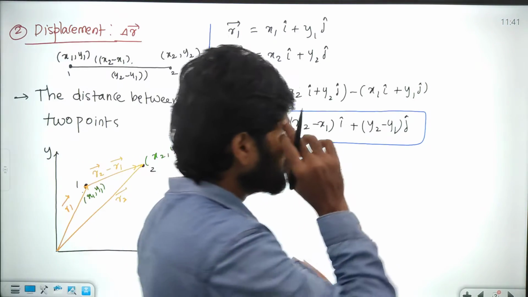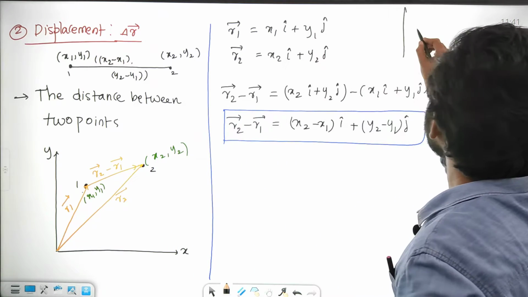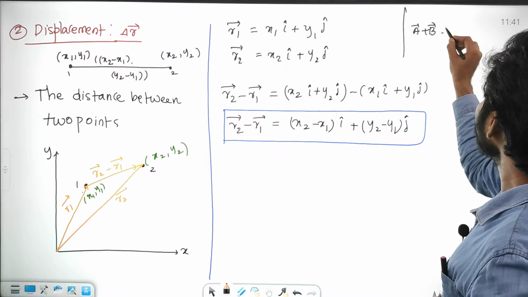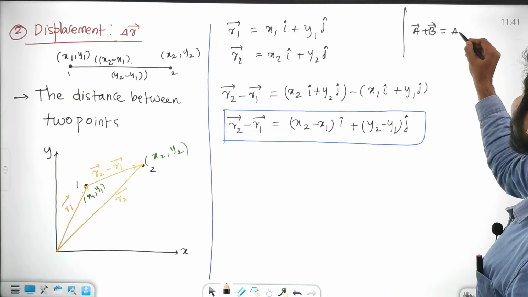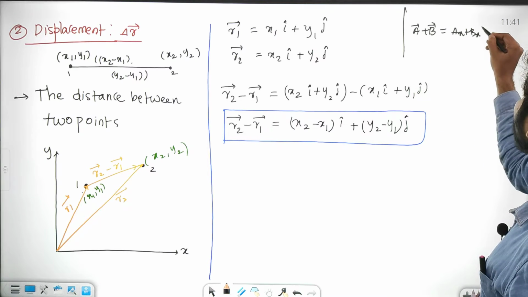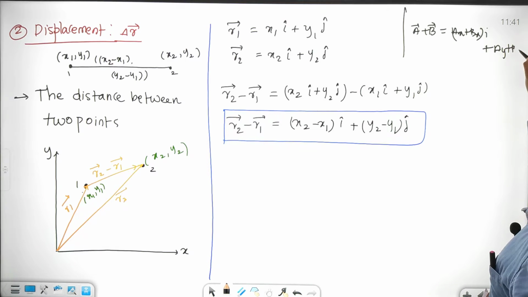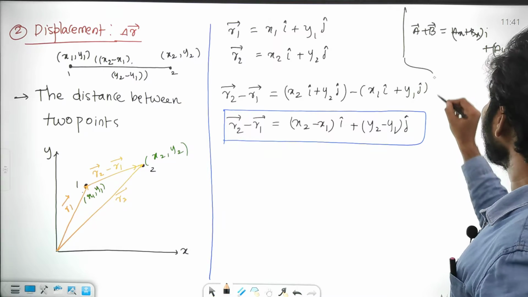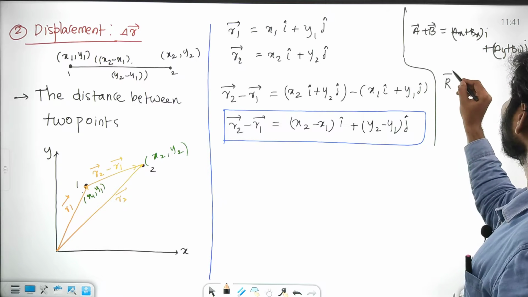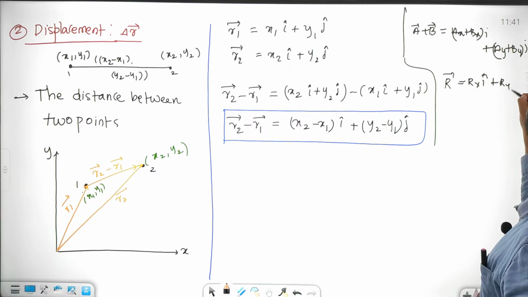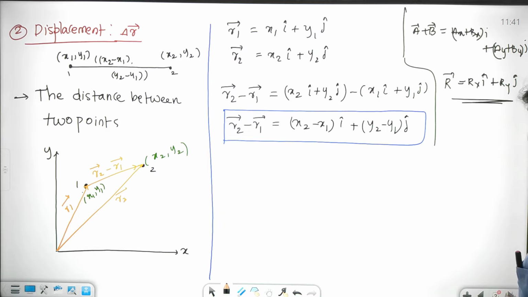If you remember, we write a plus b as ax plus bx i cap plus ay plus by j cap. Then I write this as the r vector, rx i cap plus ry j cap. This is the simplification of the given vector.